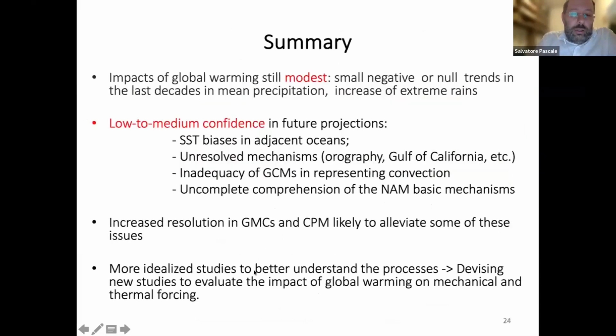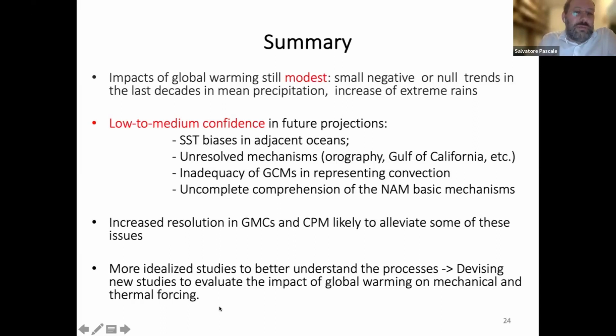So to sum up, and to give some directions and perspective for the future research, we can say that up to now, the impacts of anthropogenic global warming on the North American monsoon are still quite modest. So trends in the mean summer precipitation are either small or insignificant, whereas there is some indication of an increase in extreme rains.